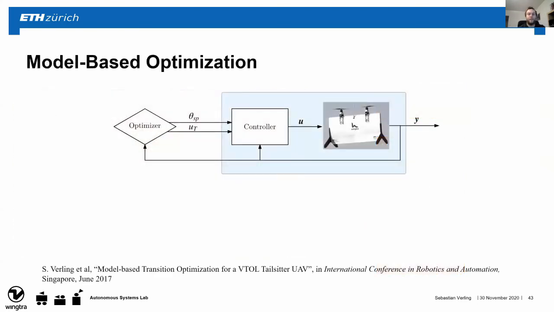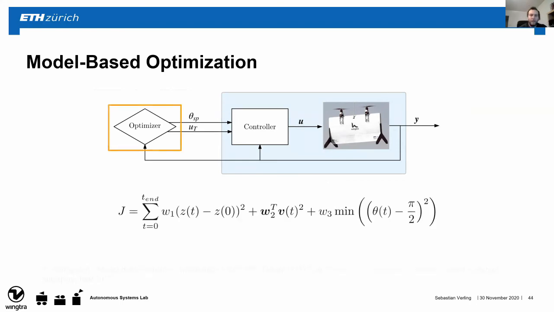The way we did it is through a model-based optimization, where we have an optimizer that gives us the optimized values for the pitch set point and the thrust that we feed to the controller. Now, the cost function that we want to minimize is the following. The first term here is there to minimize the change in altitude.